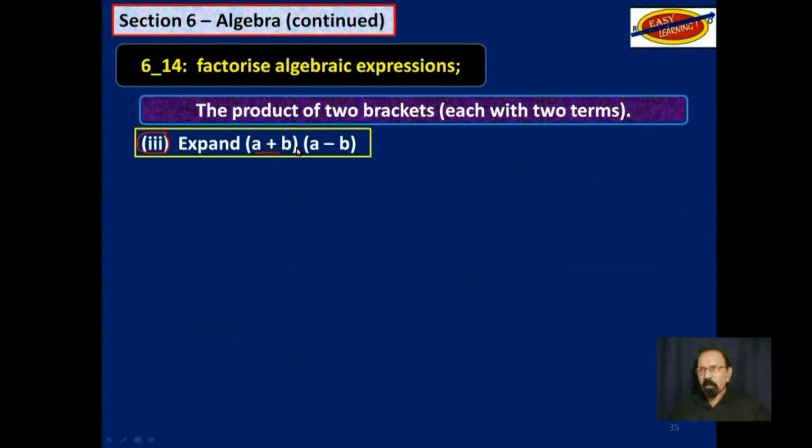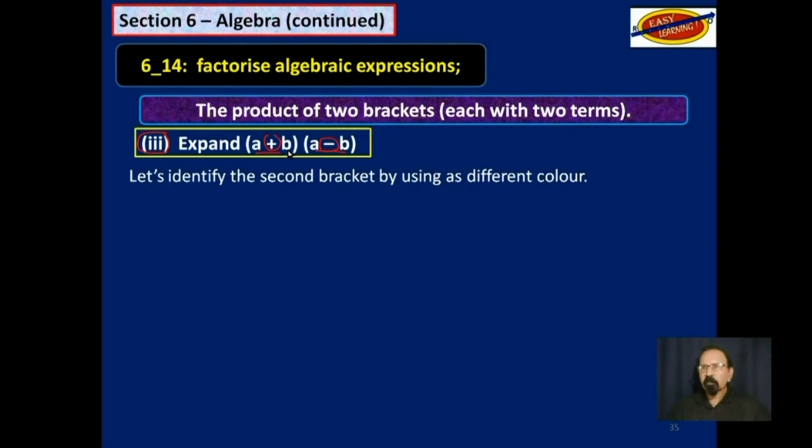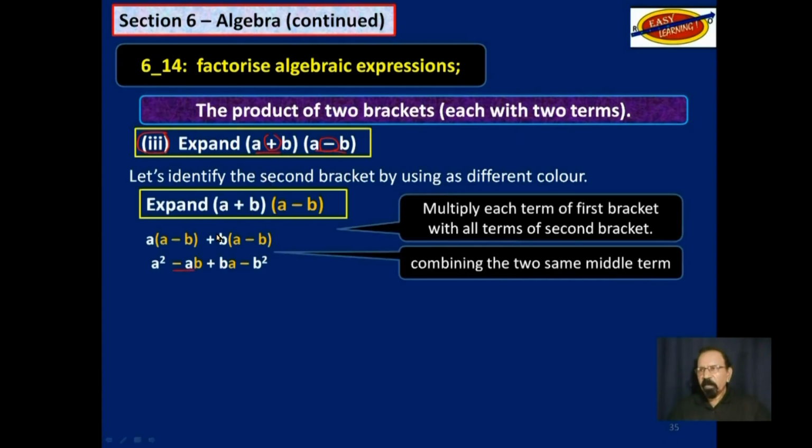Now let's look at this example. A plus b multiplied by a minus b. Previously, both of them were plus and both of them were minus. Now one is plus and one is minus. Let's expand that and see what we get. You have a minus ab here and a plus ab here. So you know what will happen with this.